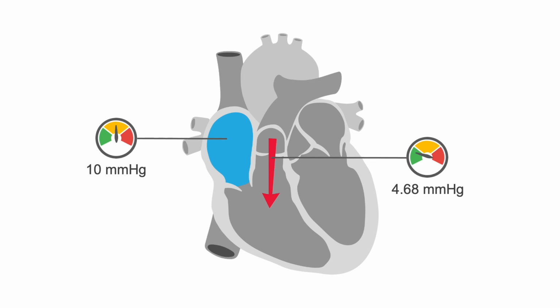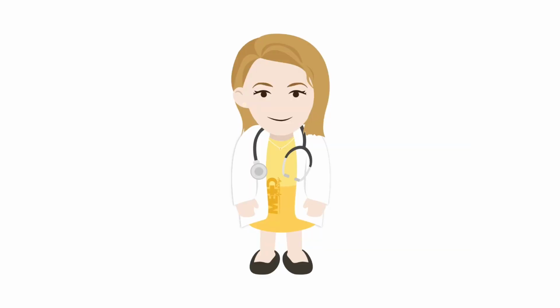Simply add these values together to calculate a pulmonary artery diastolic pressure of 14.68 millimeters of mercury, which should be rounded up and reported as a PADP of 15 millimeters of mercury. And that's it. Easy, right? You now understand how you can use pulmonary regurgitation to estimate pulmonary artery diastolic pressure.